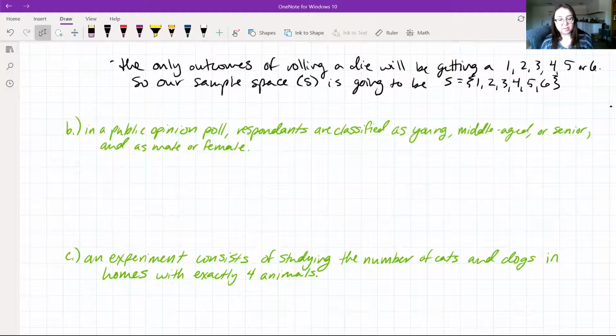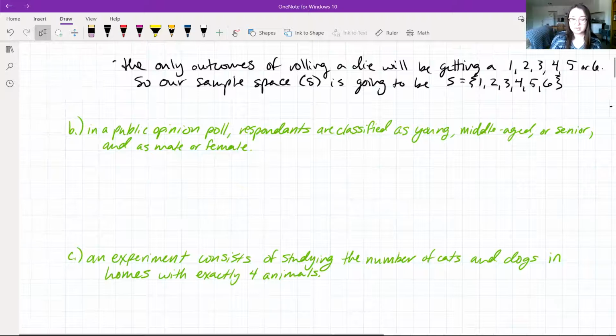All right, moving on to B, in a public opinion poll, respondents are classified as young, middle-aged, or senior, and as male or female. So we have 3 categories for age, and 2 categories for gender.